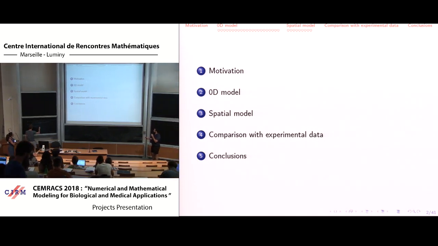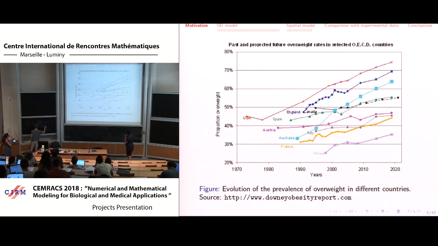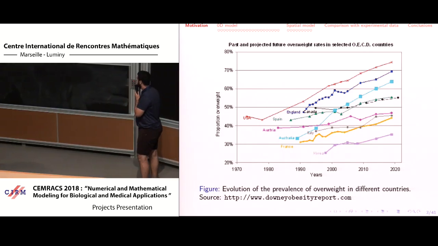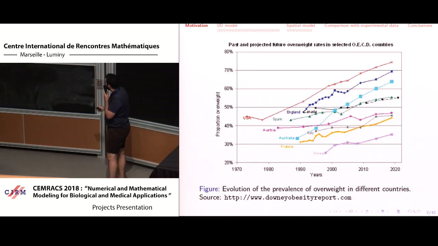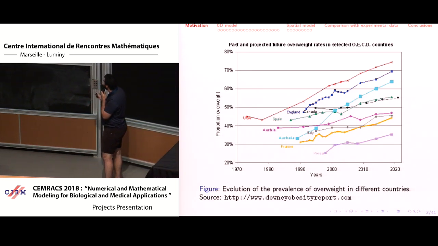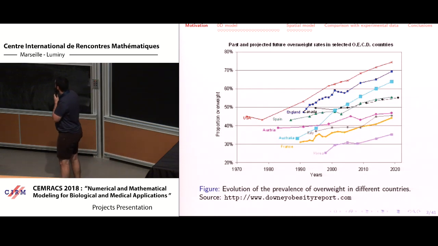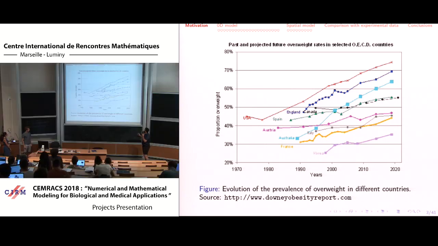First of all, I will present the motivation for studying this dynamic. Here you can see the evolution of the prevalence of overweight in different countries in the past and some projections for the coming years, actually in only 2 years. As you can see, many rich countries are subject to a growing proportion of overweight and obese people.